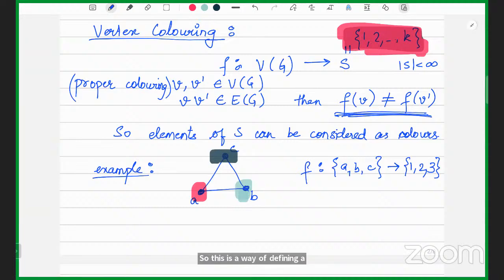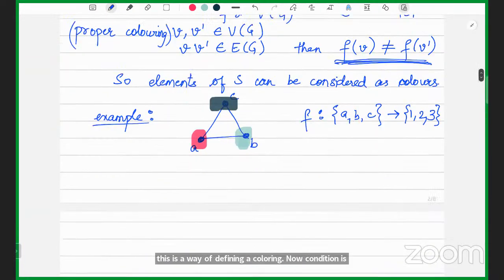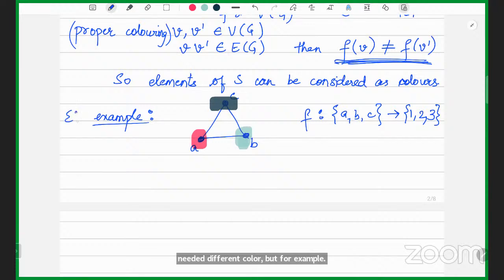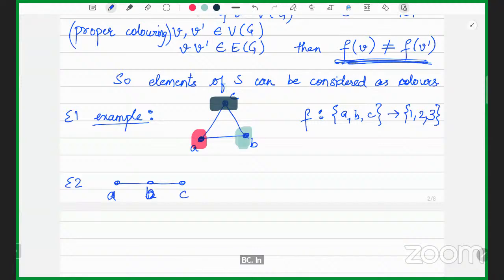Now, here I had certainly three vertices and all of them needed different colors. But for example, let's say E1, this is E2. If I would have taken this example, A, B, C, in this case I can give this one red.